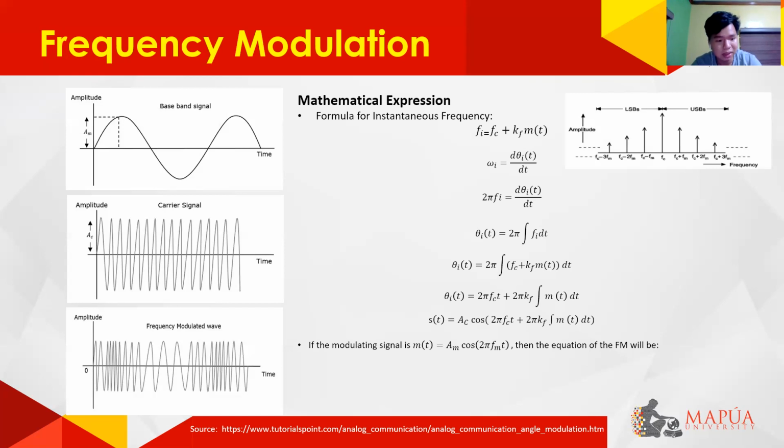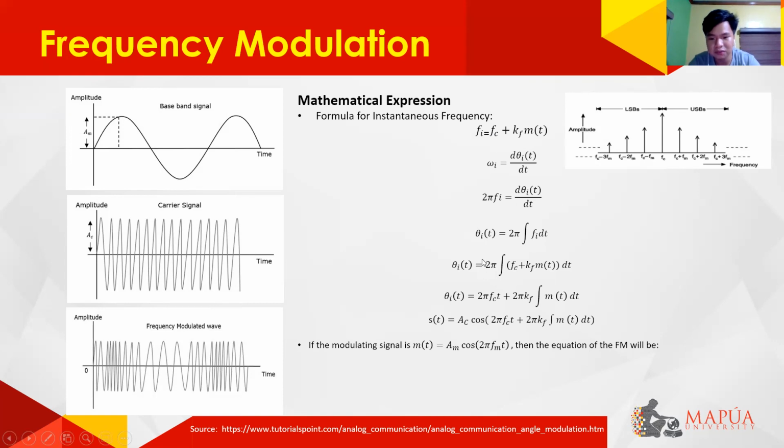Okay, so we see here the value of the instantaneous frequency. In this equation, we will be plugging in this value. In this part, we will be finding the integral of f_i.